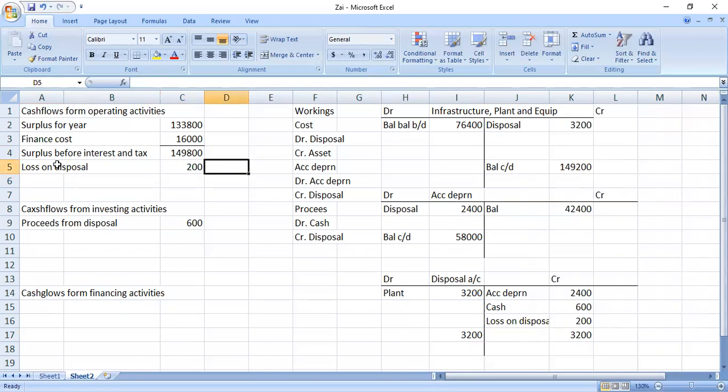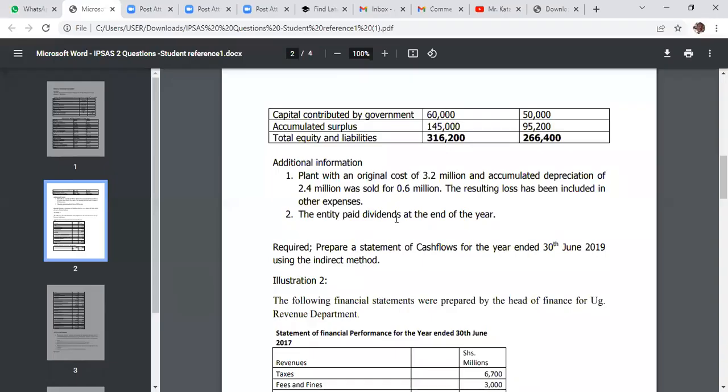So for the asset accounts and accumulated depreciation, we shall see how we can balance it off. For now, let's look at the other additional information. The other additional information is saying that the entity paid dividends at the end of the year. Okay, with dividends, even if they don't say it, it is supposed to be dealt with under accumulated surplus.